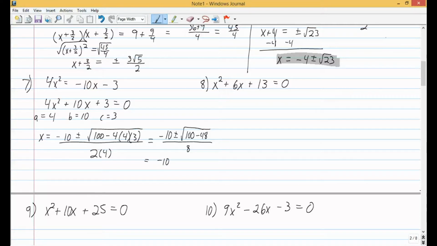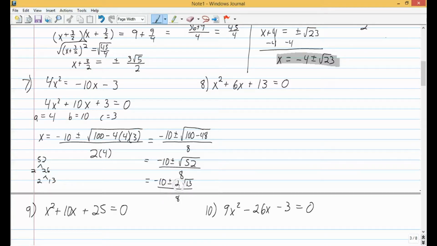So that's negative 10 plus or minus the square root of 52 all over 8. Now I need to rationalize the square root of 52 or see if that will simplify. 52 is 2 times 26, and 26 is 2 times 13. So that will simplify to 2 square roots of 13. That's negative 10 plus or minus 2 square roots of 13 all over 8.